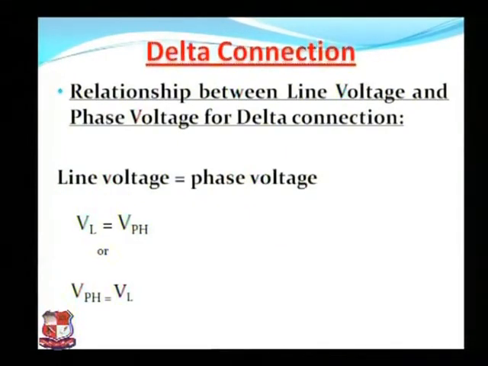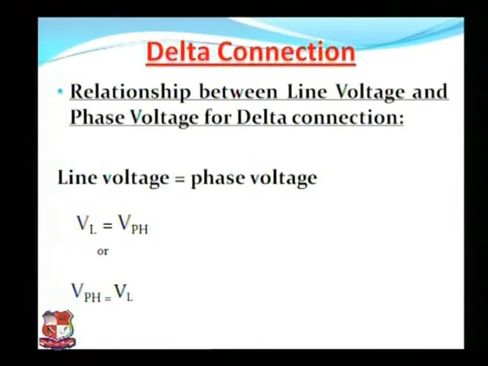Now the same thing for the delta connection. Again we have to find the relationship between the line voltage and the phase voltage for the delta connection, as opposed to the star connection where the line current and the phase current are the same. So in the delta connection the line voltage is equal to the phase voltage.